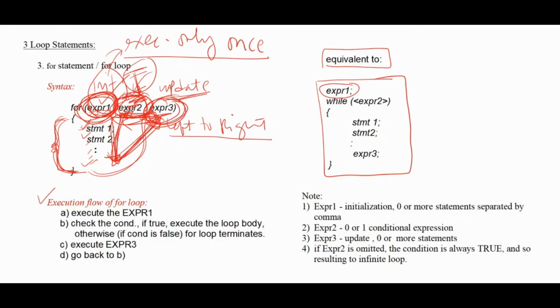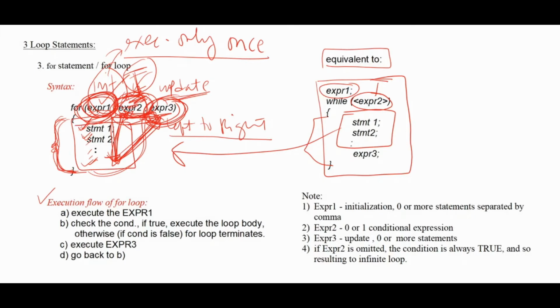And after that, check the condition. So the condition is here in the while loop, the same flow. And when this is true, execute the while loop body, which consists of these statements here, statement 1 up to the last. So statement 1 up to the last is the for loop body, all the statements in here.